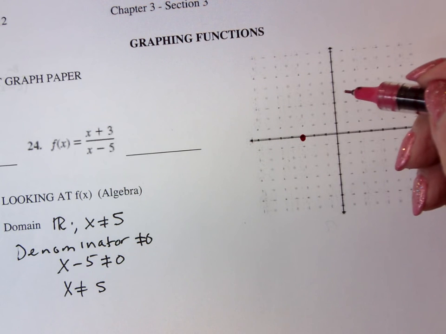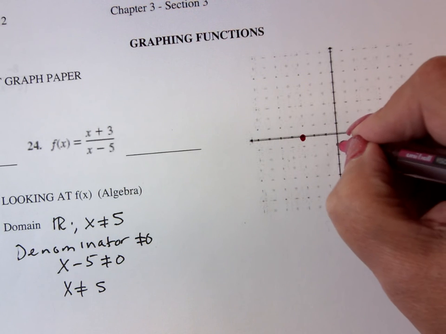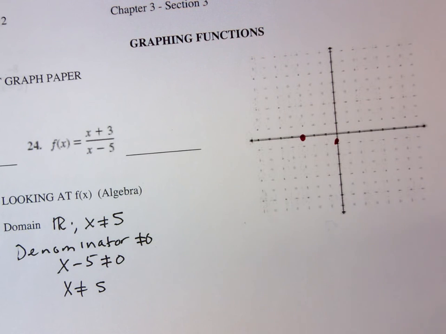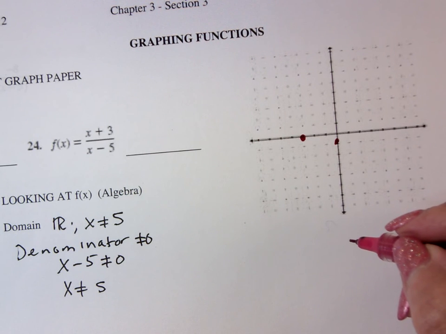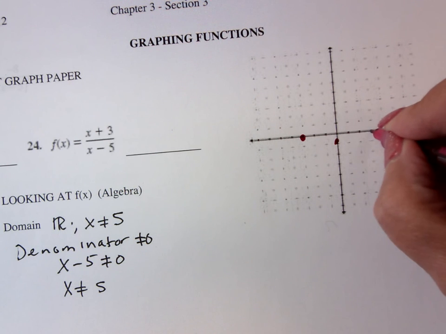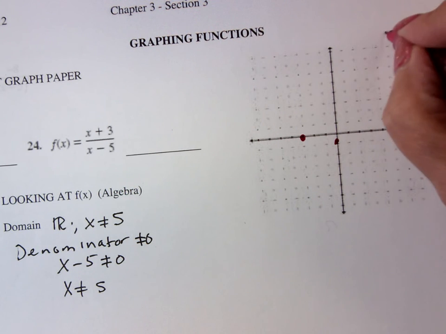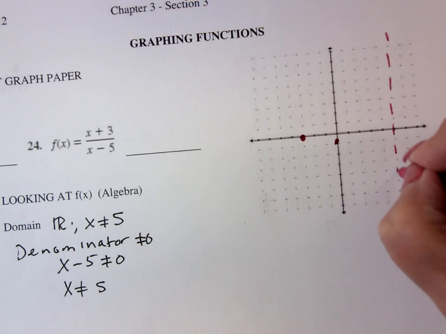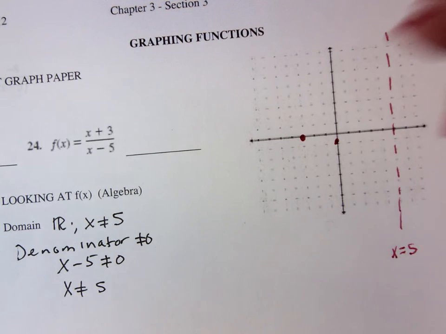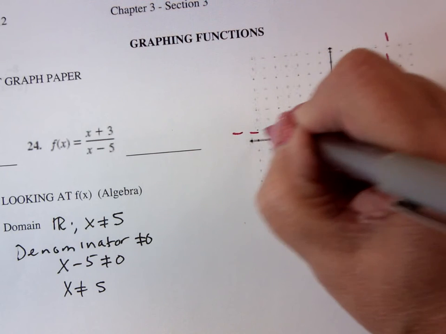I have a y-intercept at 0, and it's slightly less than 1. I have a VA at 5, 1, 2, 3, 4, 5. And I have an HA at y equals 1.